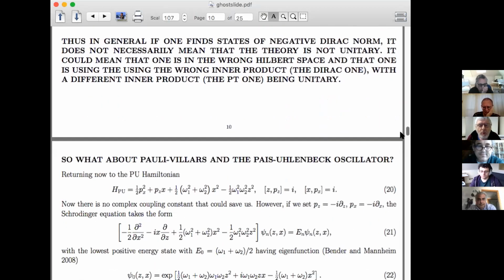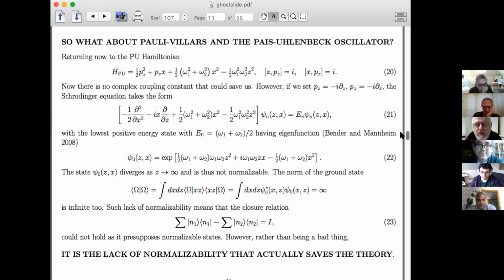Okay. Now, what about the Pauli-Villars and the Pauli-Uhlenbeck oscillator? Can we resolve those the same way? Now, if we write down the Hamiltonian, which I gave you before, unfortunately now there's no complex coupling constant. So staring at the Hamiltonian, it doesn't appear that it's not a Hermitian theory. Can we check if it's a Hermitian theory? Well, yes. You set Pz is minus i d by dz, Px is minus i d by dx, and the Schrödinger problem for this Hamiltonian becomes a very straightforward second order differential equation.